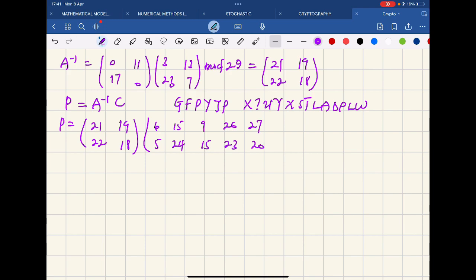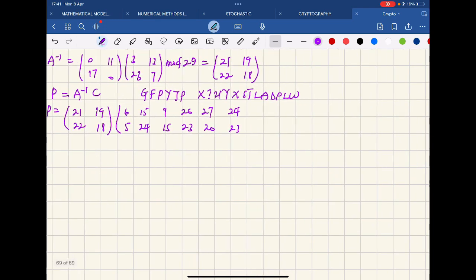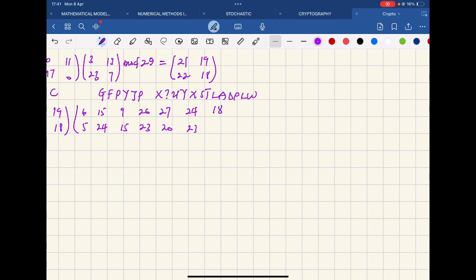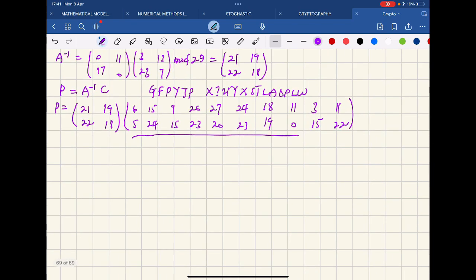U is 20, we have 24, 23, we have 18, 19, 11, 0, 3, 15, 11, 22. So this corresponds to our cipher text. This matrix over here is our cipher text, and this over here is our A inverse.